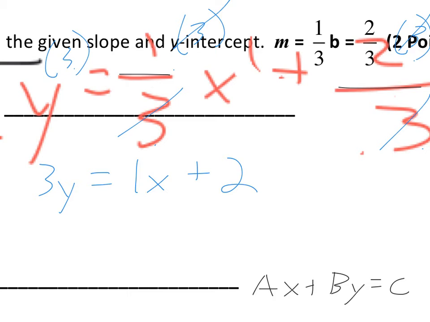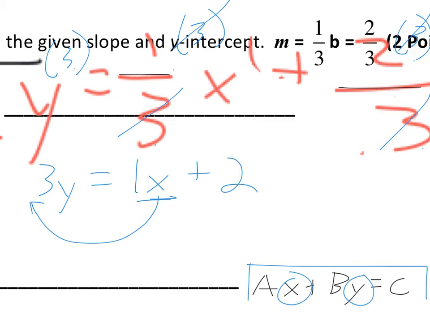Okay, but if you notice, standard form has the x's and y's on the left side of the equation. So I need to get this x over to the left side. There's no magic in algebra. I just have to follow the rules that if I want something to move to the other side, I'm going to have to subtract it from this side and subtract it from this side.